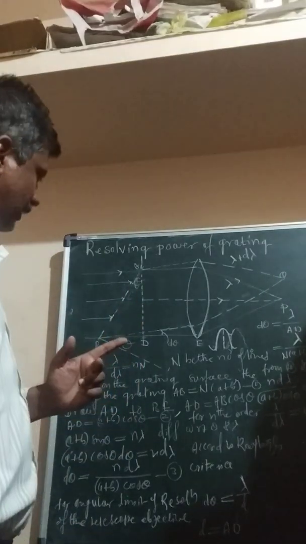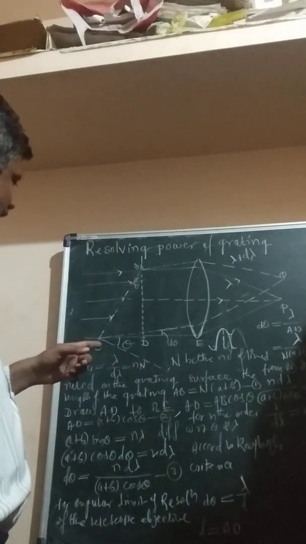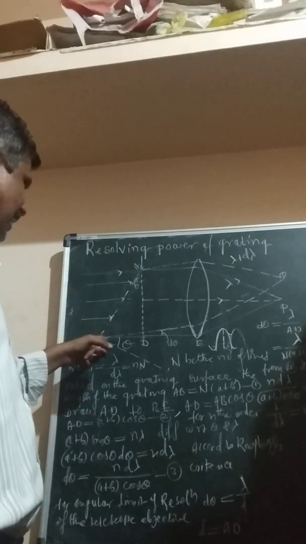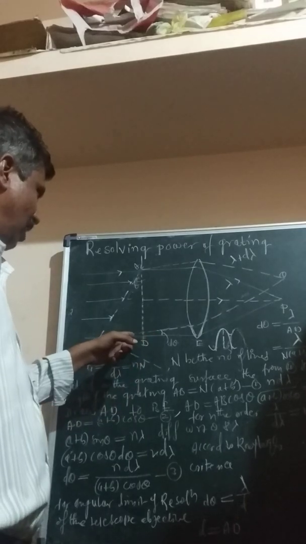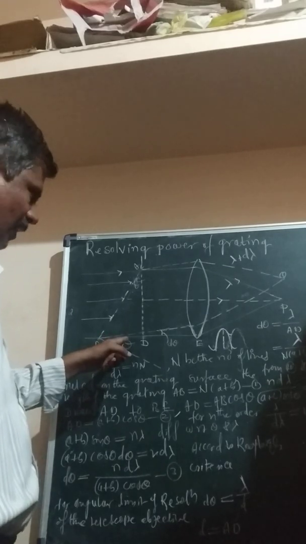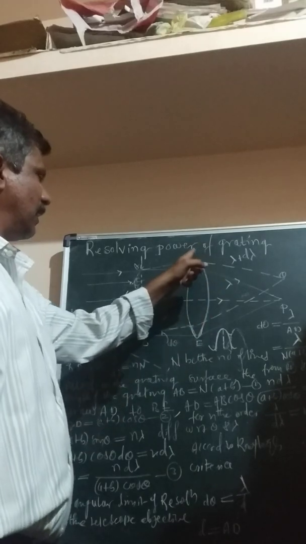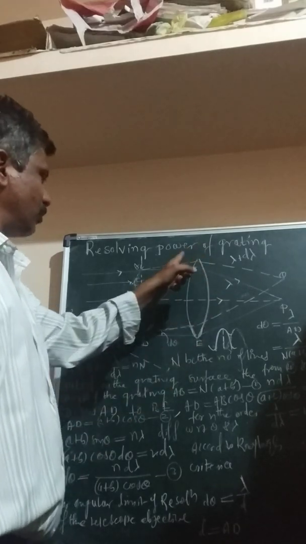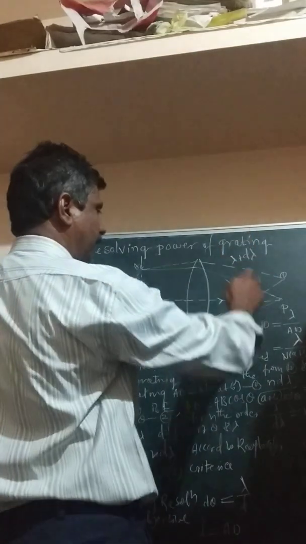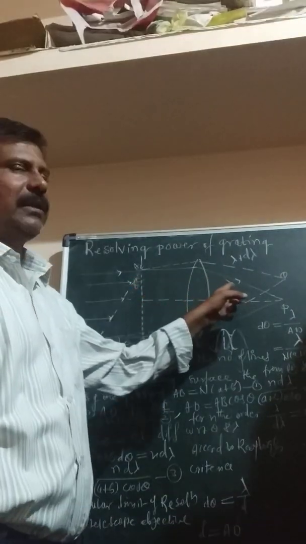The spectral line having wavelength lambda, on incidence on the plane transmission grating, gets diffracted along these directions, making an angle theta. After diffraction, it passes through the objective of the telescope and forms an image on the screen at the point P. This is for the wavelength lambda.